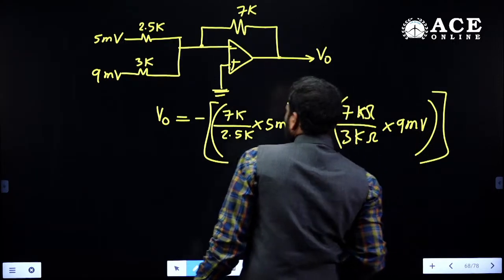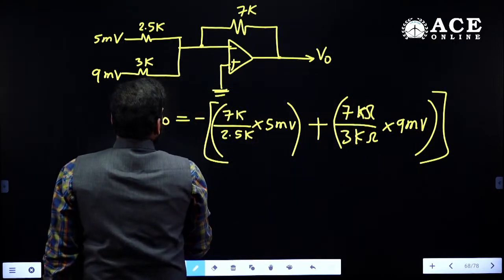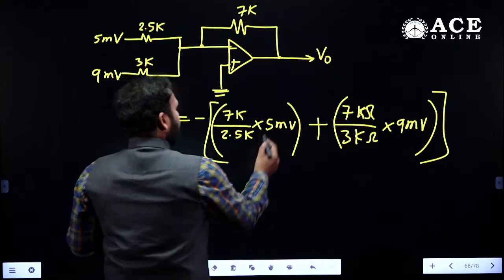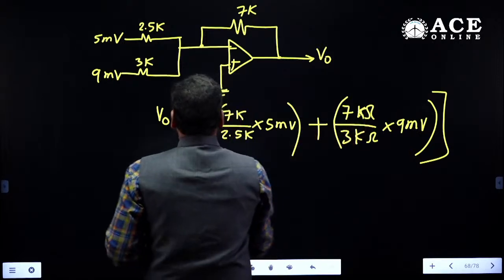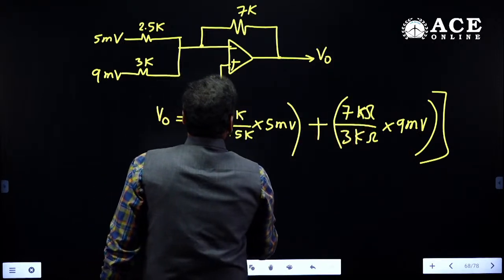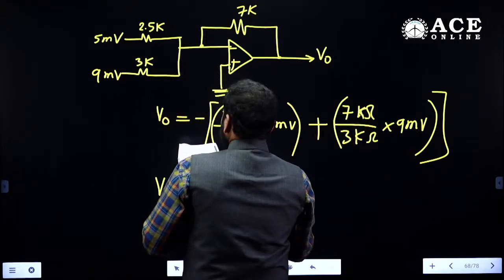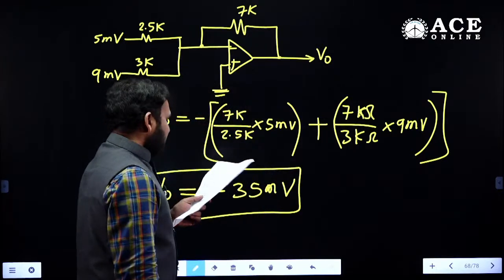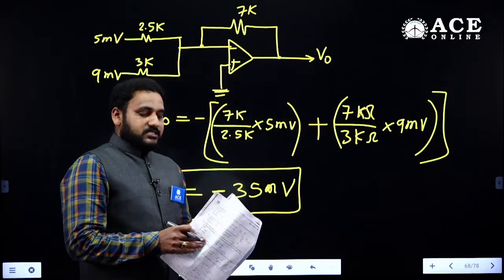If you do it, you will get output voltage V naught is equals to 14 volts and here 21 volts, total minus 35 millivolts. This is given in option C, right?